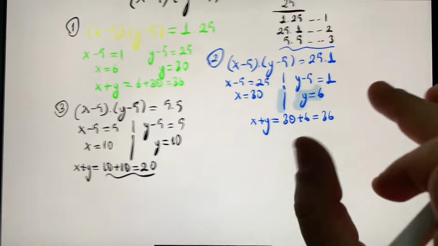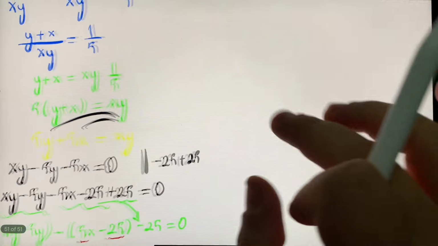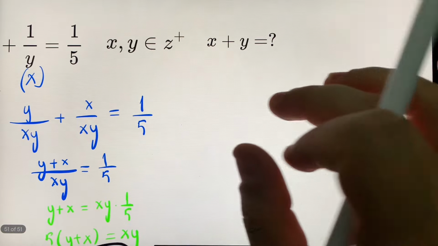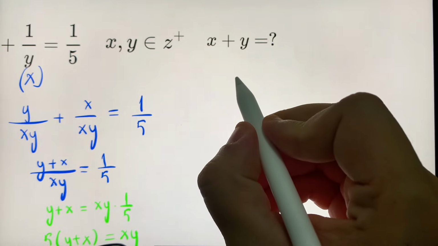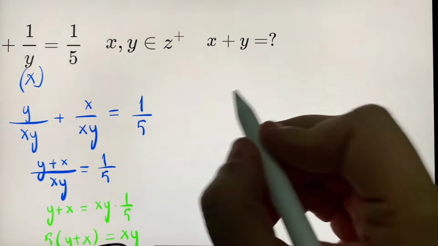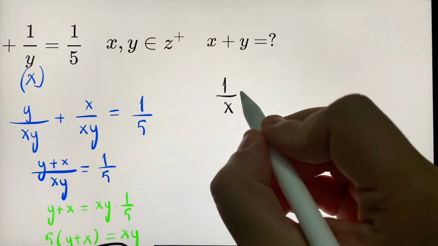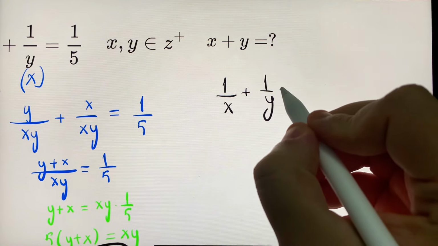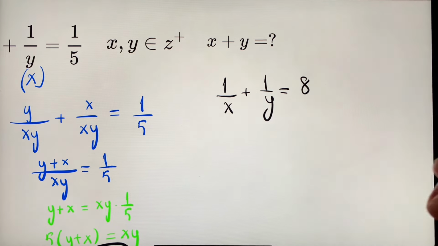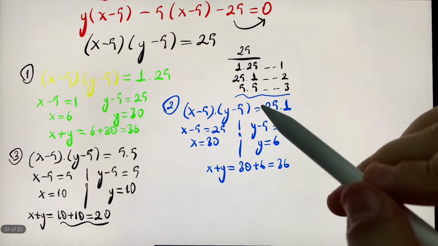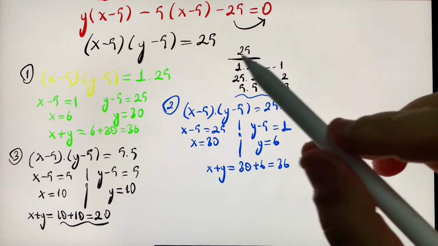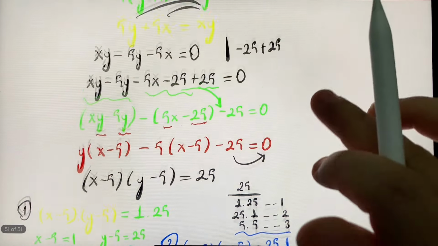So ask us the question, how would it be if he had given it differently? So what do I mean? If he hadn't given me the question like this in the beginning, if he gave 1 divided by x plus 1 divided by y equal to 1 over 8, if you pay attention to the results, the divisors of 25 are out, friends. Where did this number 25 come from?